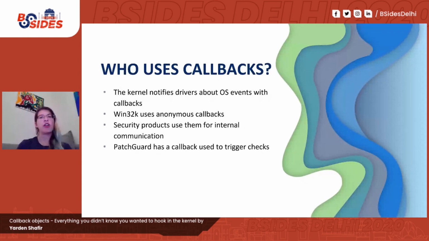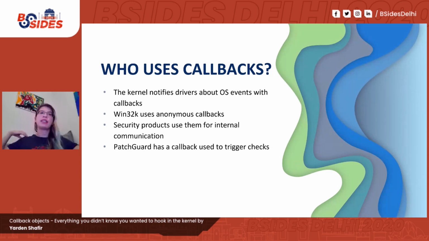Other than that, there are security products that use them for internal communication. Security products that have more than one driver and want an easy way to synchronize between them and pass information might use that. For example, Windows Defender has a few different drivers and uses callback objects for communication between them. And it's actually a fun example that we'll look at in a bit more detail later.